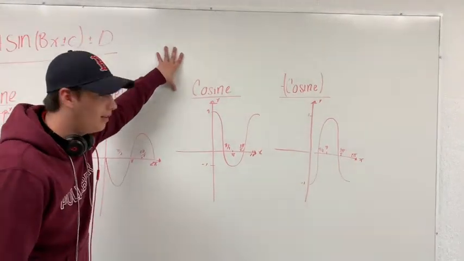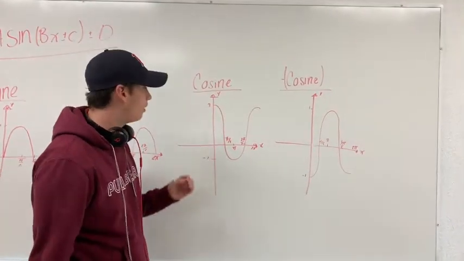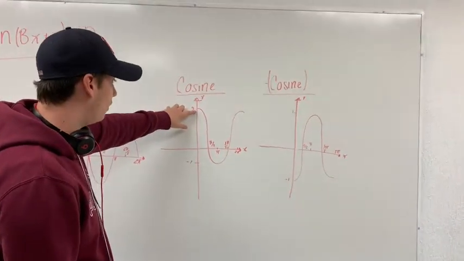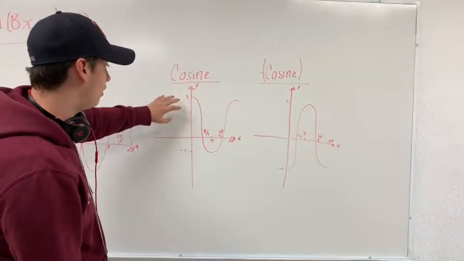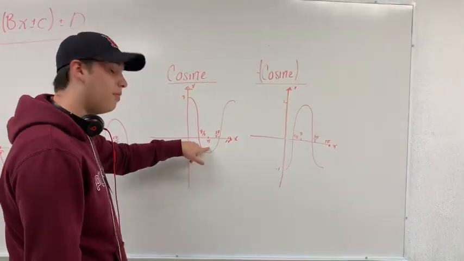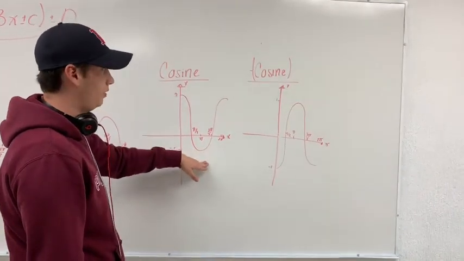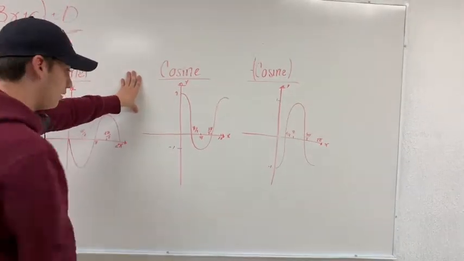So I'm going to explain the cosine function. First of all, to see if it's a cosine function, you have to see if the starting point starts at the highest part, and then in the middle, at pi in this case, it goes down to the lowest point. So the period is exactly the same as the sine.